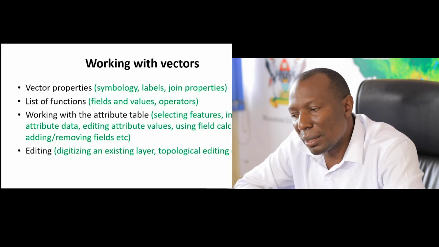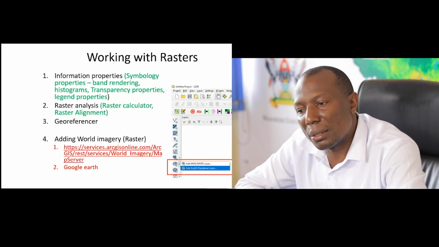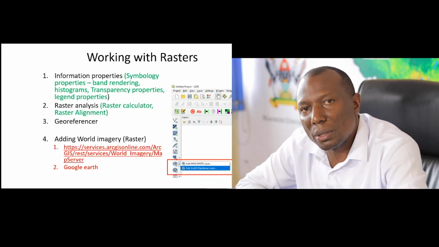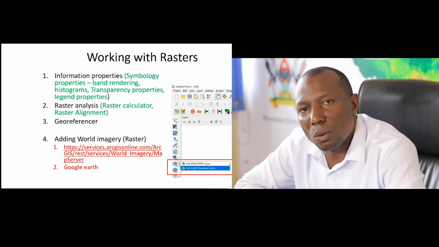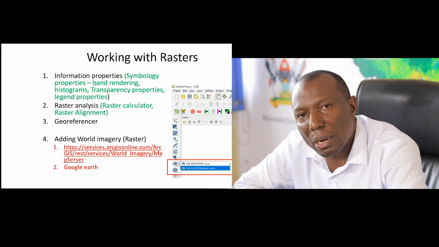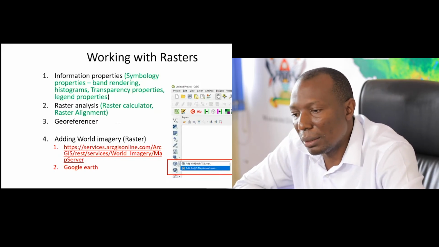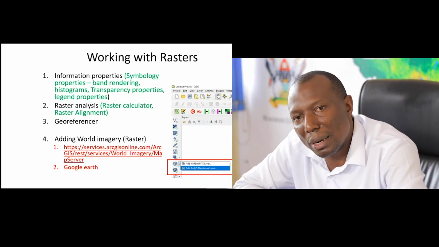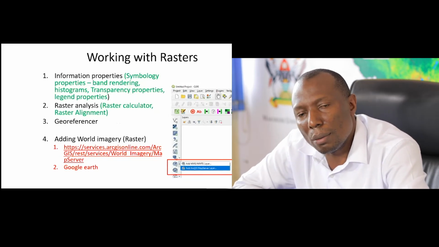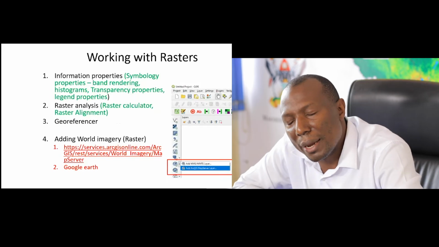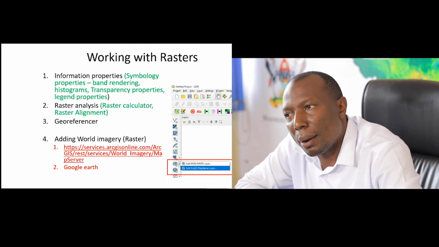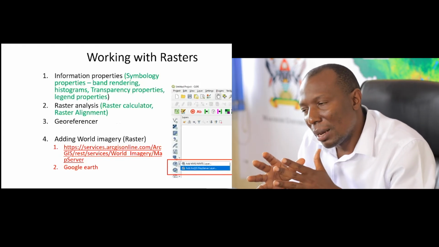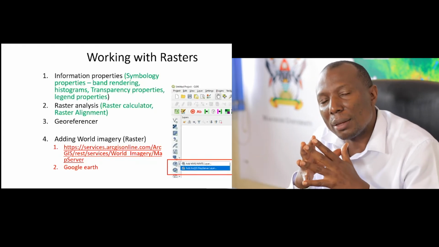While working with rasters, you can change the symbols, change band rendering, and increase the transparency in properties. You can use a raster calculator, with which you can run simulations or programming with raster datasets. One thing colleagues must understand here is that in our model we have rasters and vectors, so how did we bring all this together?